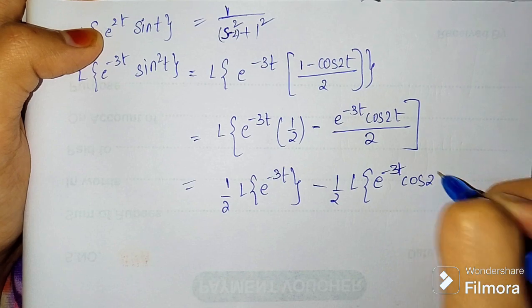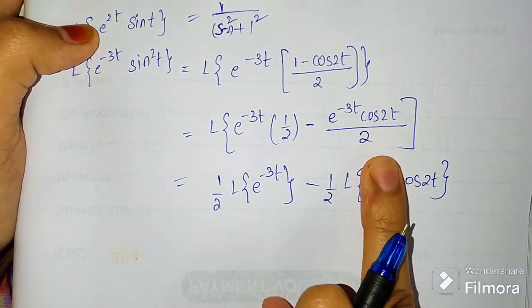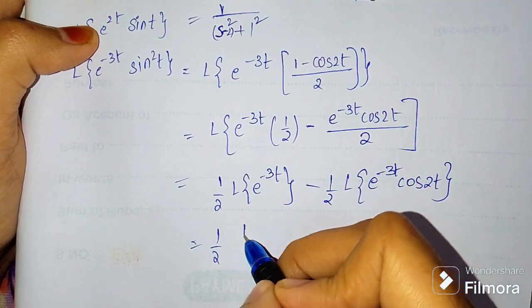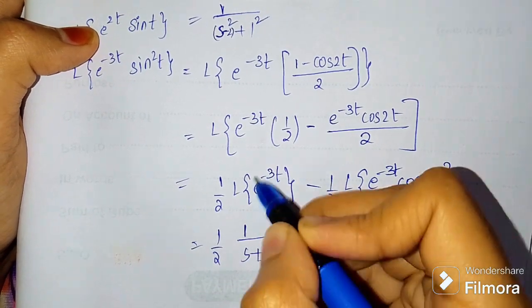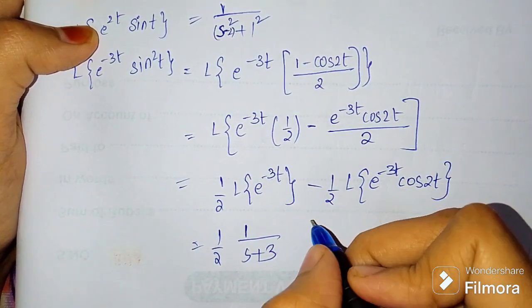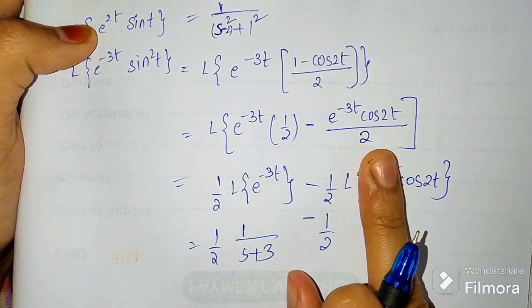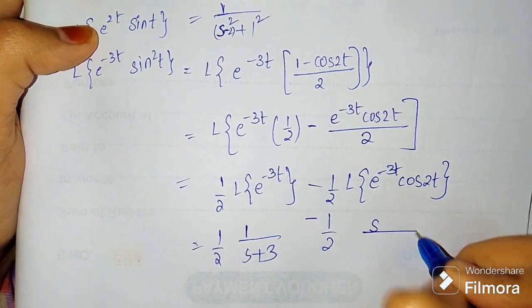Now you see, think it's not there. For the 1 by 2 term, what is this answer? 1 by s plus 3, isn't it? Next, minus 1 by 2. If it's not there, what is your answer? Your answer is s by s square plus 2 square.